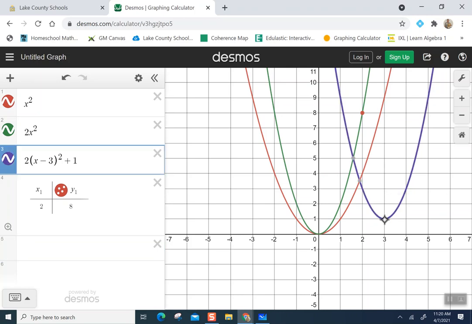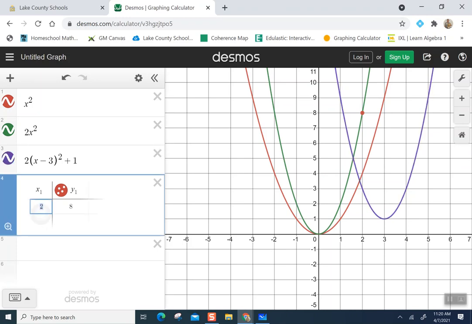So it moved right there. Okay? So it wants to know, where did this one move to? Well, it still moved 3 units, 1, 2, 3, and then it went 1 unit up. So it looks like it's sitting at (5, 9).